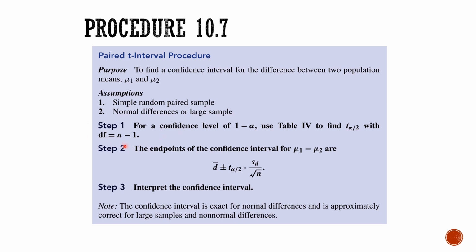For step 1, we first have to find t of alpha by 2 with df n minus 1, and then use this formula: d bar plus or minus t of alpha by 2 times s sub d divided by square root over n. That's the formula we use to find the endpoints of our interval. And once we find our confidence interval, we will interpret the interval in the context of the problem that we work on, right?